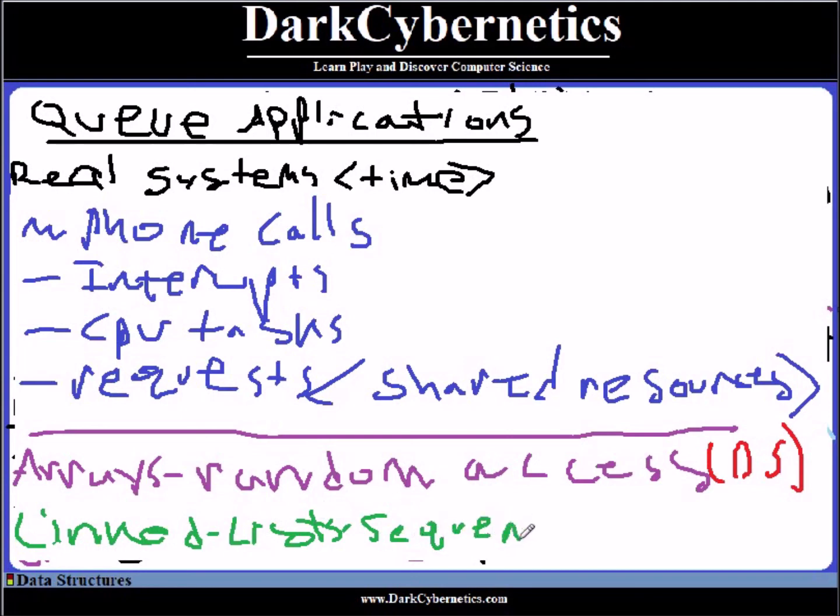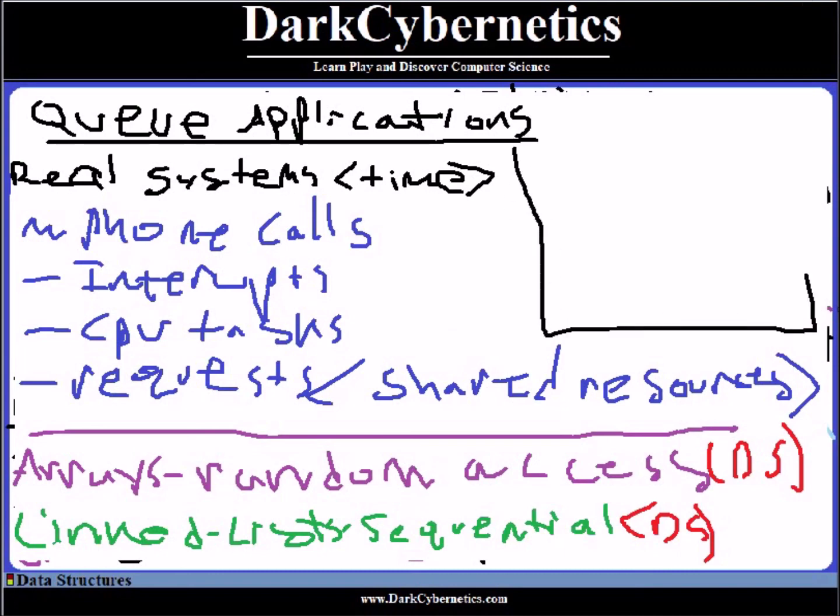So we access this information in a sequence, or sequential, meaning number by number, or file by file, record by record. And of course, if we access information sequentially, it takes n times, even if we had to resort the items in the list. But random access takes constant time.